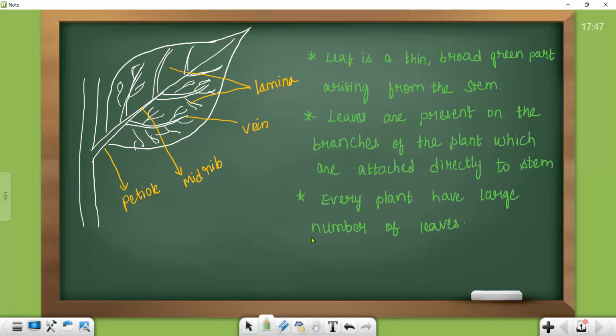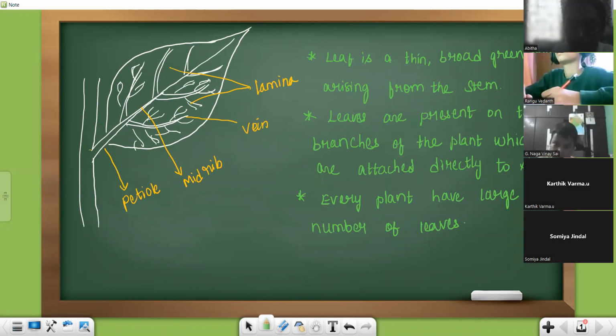And where is the leaf attached? To the stem. From the branch, the stem arises, and on the stem you can see leaves attached. So how is the leaf attached to the stem? With the help of a stalk, which is called the petiole. Without the petiole, a leaf cannot be attached to the stem.